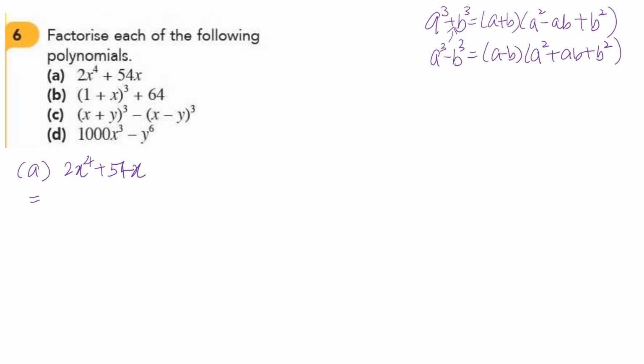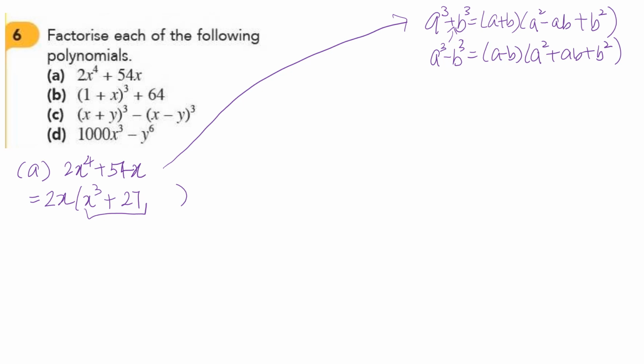Like we mentioned earlier, I can just pull out 2x, and that will give us x cubed plus 54 divided by 2, that's 27. And here we can apply the sum of cubes formula, because it's x cubed plus something.